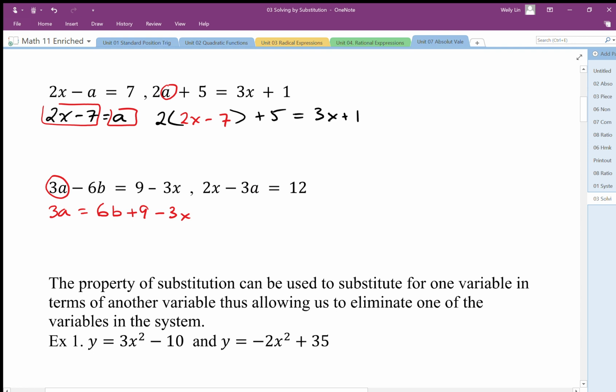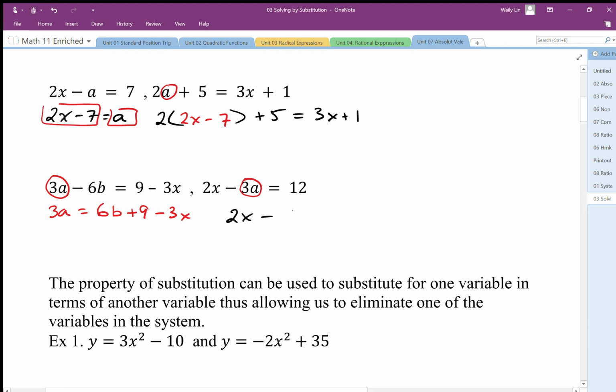And by doing so, I can replace this 3a. It doesn't have to be an a. I can actually replace that whole 3a with this whole equivalent. I can divide by 3 to cancel some things out, but it's easy enough to just keep it as a 3a. And by doing so, I'm going to do a like for like replacement.